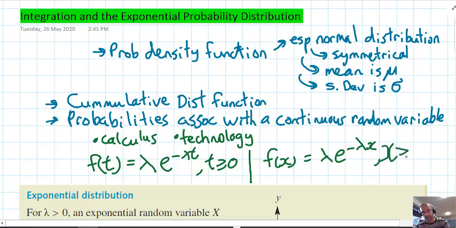That's x is non-negative. Okay, so lambda e to the negative lambda x, or lambda e to the negative lambda t. One of the big applications for this exponential probability distribution is often used to model the time between the occurrence of random events, because it's a random distribution.